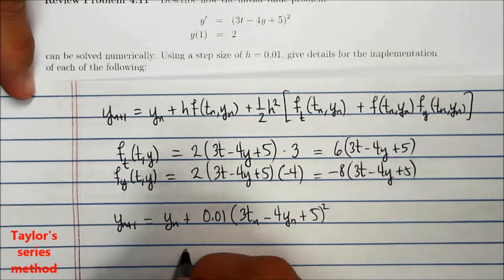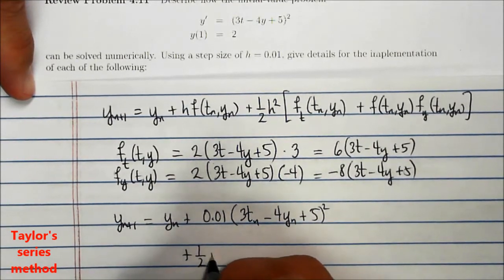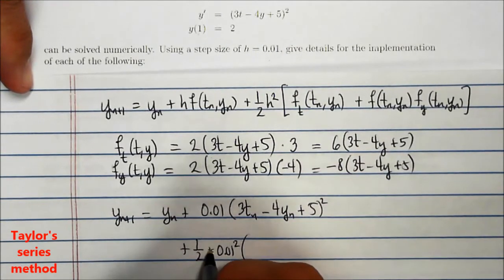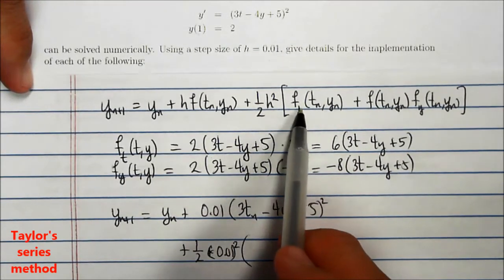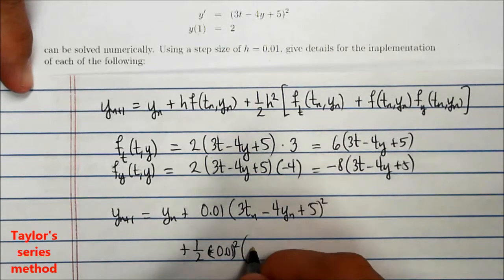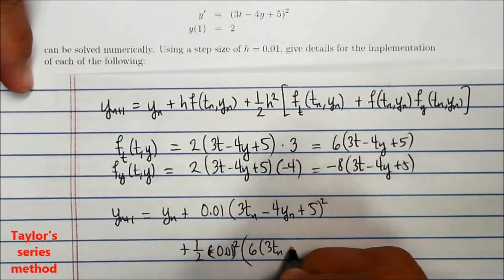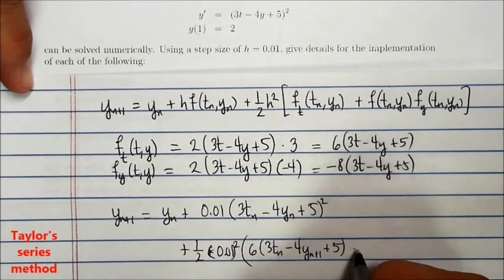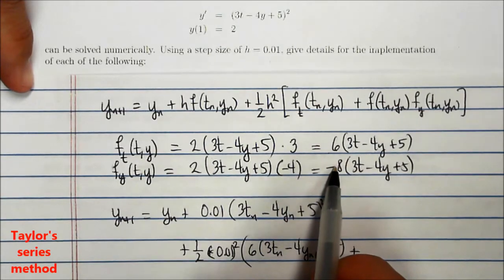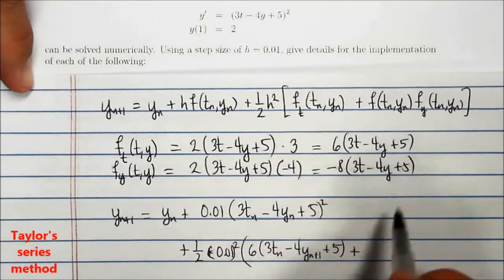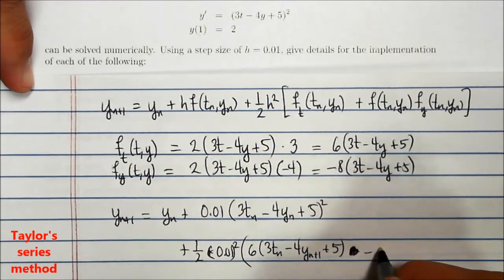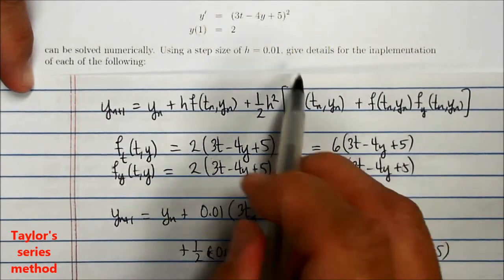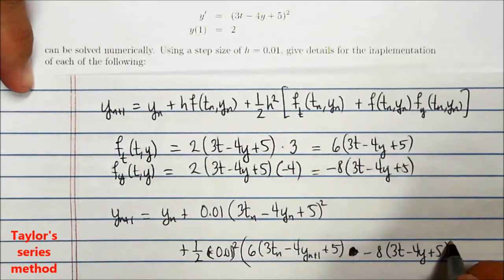Then the next term will be plus 1/2 times 0.01 squared times the derivative with respect to t, which is 6 times 3t sub n minus 4y sub n plus 5, plus the product of the derivative and the original function. So we'll get minus 8 times 3t minus 4y plus 5. Then I multiply that by the original function, and I get a cube.